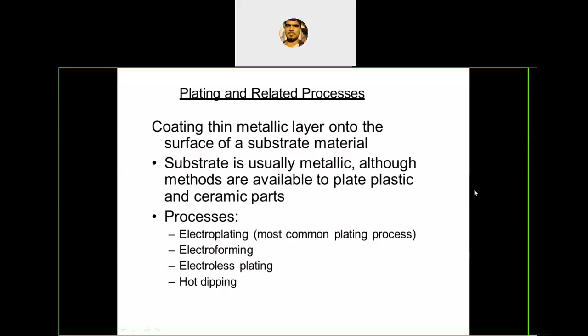Although the method is available for plastics and ceramics, in rare cases we go with plastics and ceramics. The common processes are electroplating, electroforming, electrolysis plating, and hot dipping. These are the common coating methods in plating.